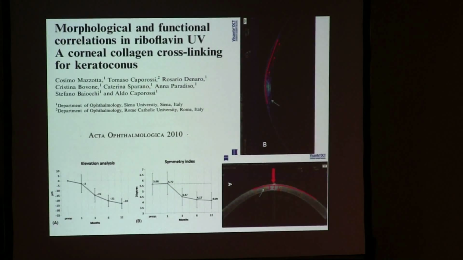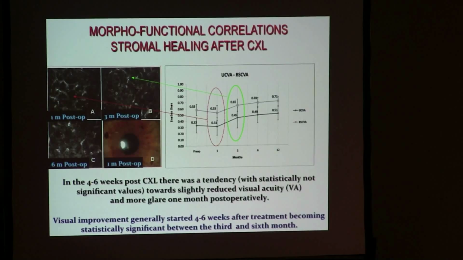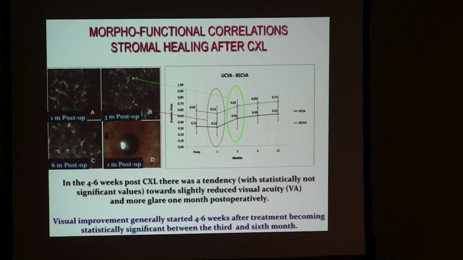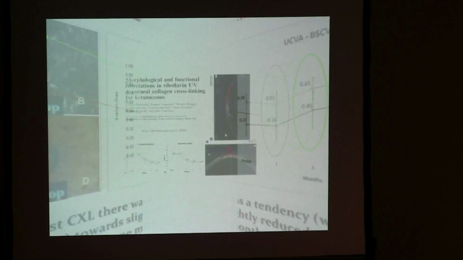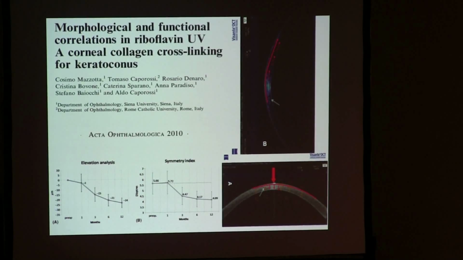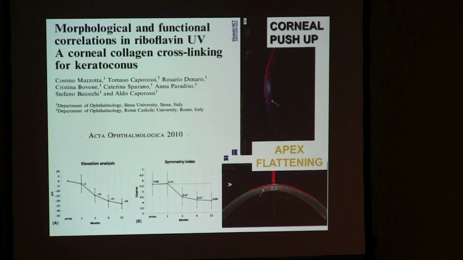On the other hand, with the epi-on procedure, the patient sees very well immediately after the procedure, but with time his keratoconus progresses. In the epi-off procedure, we also have what we call the corneal push-up effect. We have a centralization of the cone, and that's because we have substantially a flattening of the apex.